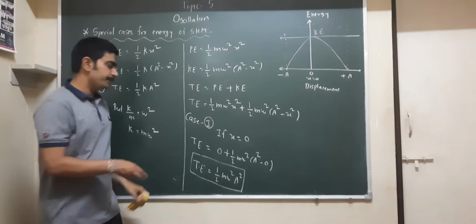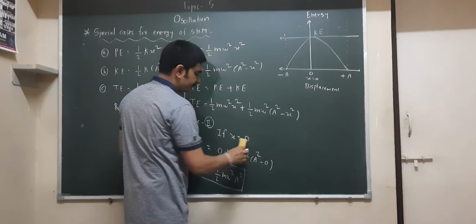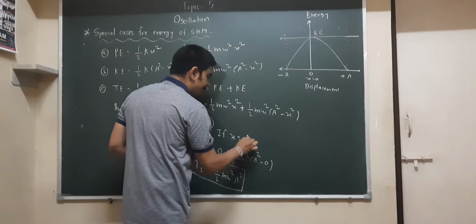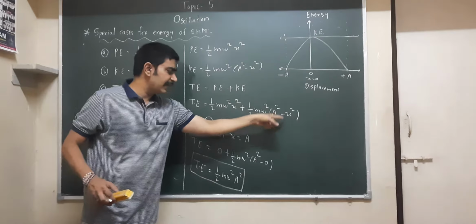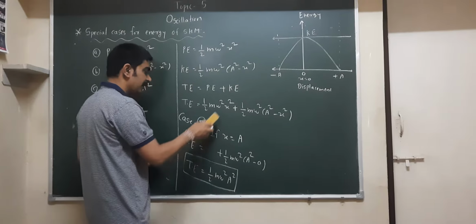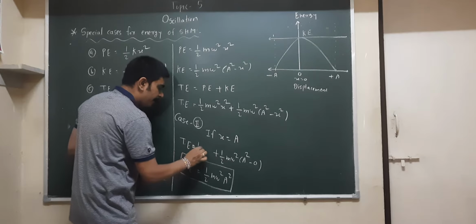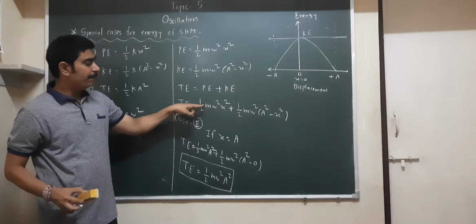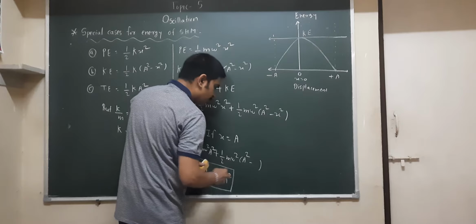Now case 2, if x is equal to A, capital A is the amplitude. Friends, you can substitute in the place of x as a, so the equation will become potential energy, half m omega square a square, and here a square minus a square.